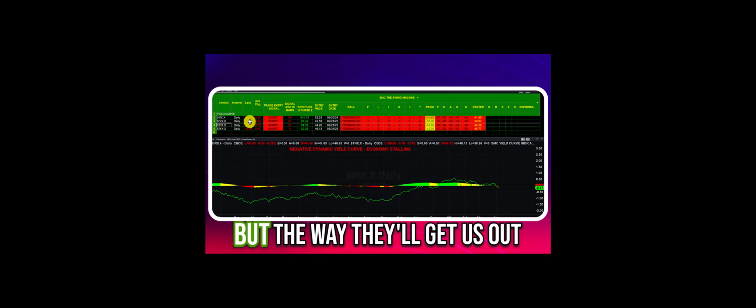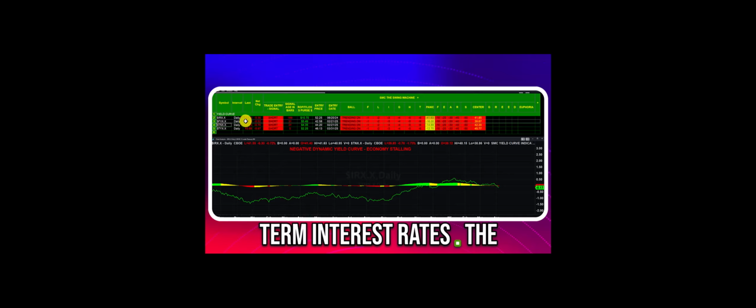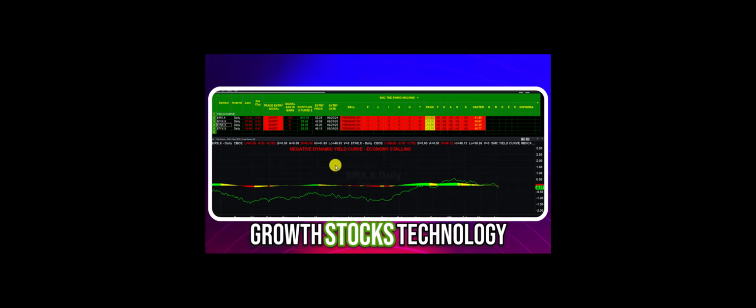So they don't want to act precipitously or too soon, but the way they'll get us out of here will be to cut short-term interest rates. The question is, they may have to do it repeatedly. I would not want to be shorting bonds here. Growth stocks in a recession, growth stocks, technology stocks will suffer.